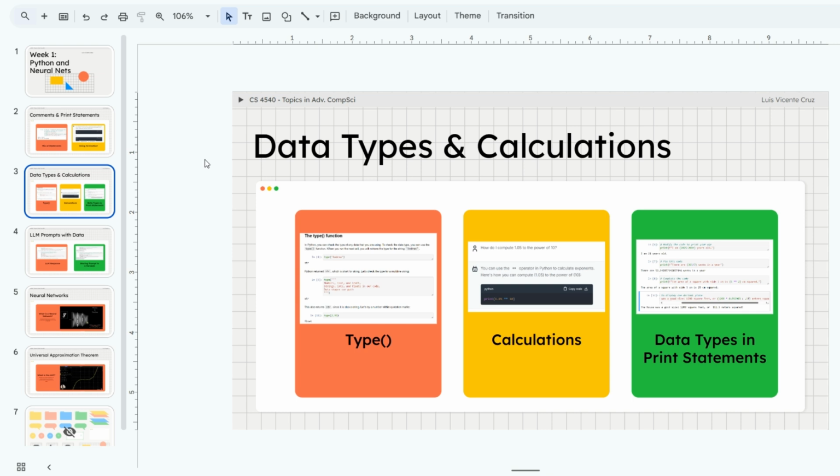And those two actually go hand in hand when you look at storing results of calculations into some variable and then having those values be used later on in your code.